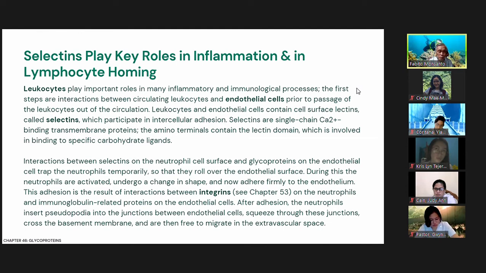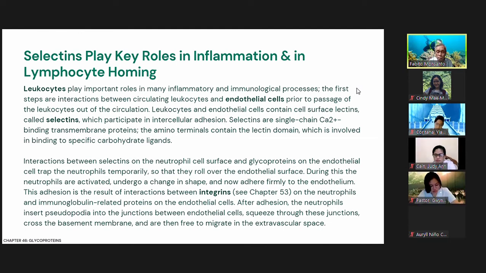The first steps are interaction between leukocytes and endothelial cells in circulation prior to the passage of leukocytes out of the circulation. Leukocytes and endothelial cells contain cell surface lectins, and these cell surface lectins are called selectins, which participate in intercellular adhesions.